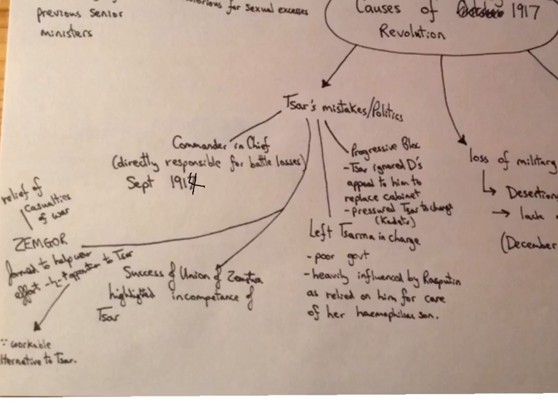They think that he's not capable of running the country, other people are doing a better job. He's not even present at the time of crisis, and he's actually doing things that are going wrong. He's ignoring the suggestions of the Progressive Bloc, the Zemstva, the Zemgor, and he leaves the wrong people in charge. So it makes it highly likely that he has to abdicate and that there's a revolution by 1917 in February.